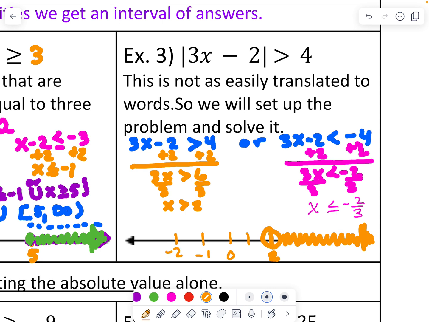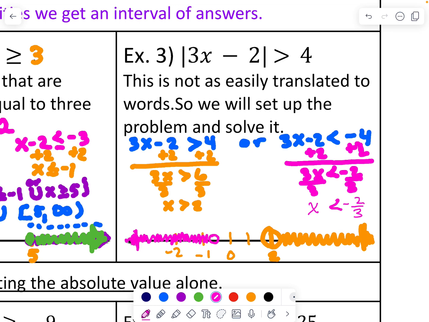So when we're talking about our value negative 2 thirds, we're going to be about here. And we're including it. Oh, no, we're not including it. Sorry, I wrote it wrong here when I changed my pencil. So we are not including it. So we're going to open up at negative 2 thirds, and we're going to be going less than. So all of these values are less than that value.